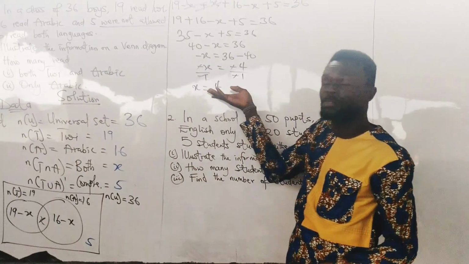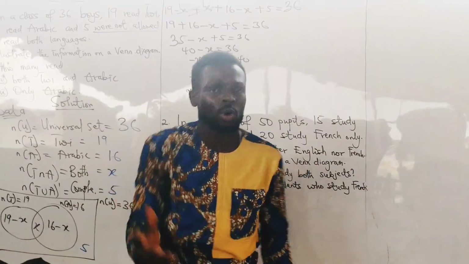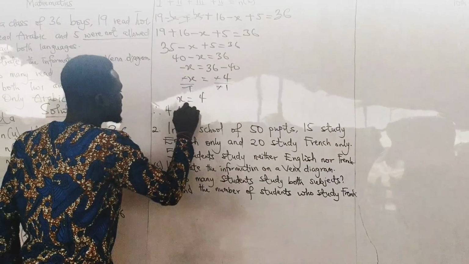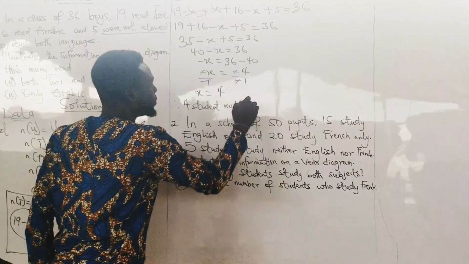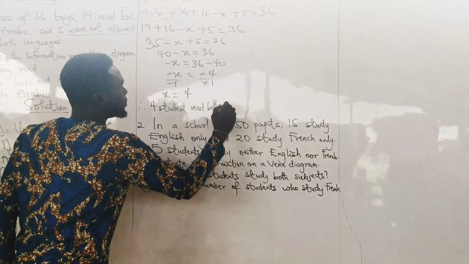So if x is 4 here, then the number of students who read both subjects is 4. So we state our answer in C. Therefore, 4 students read both languages.